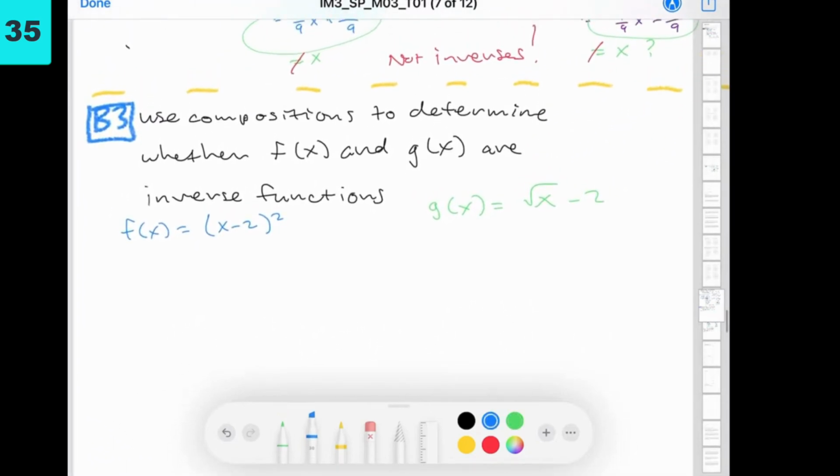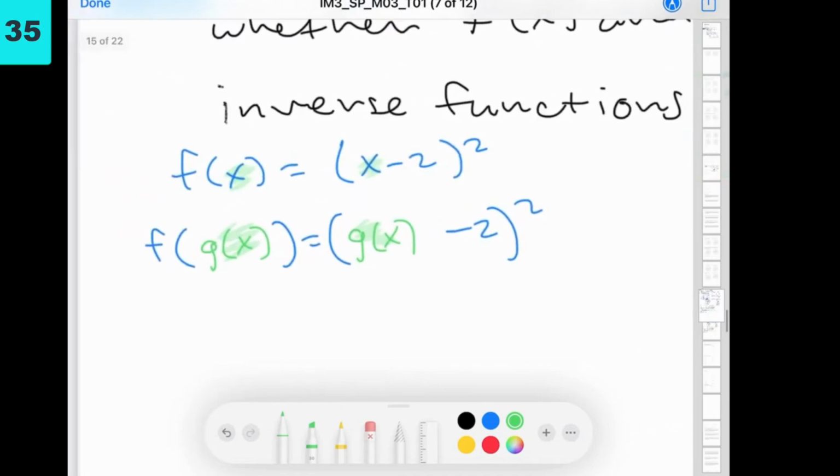I'm basically just going to take the g of x and put it for every x value. So you're going to put a g of x here, g of x here.